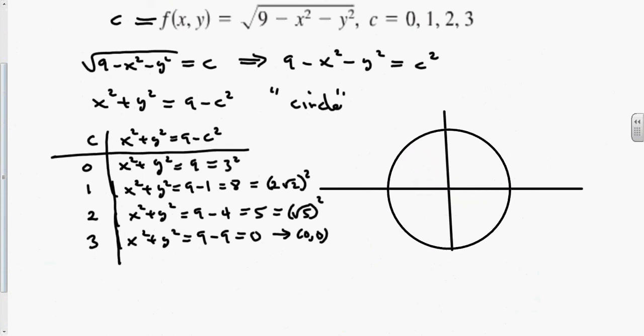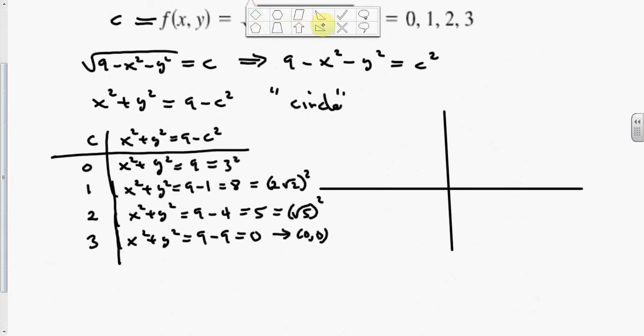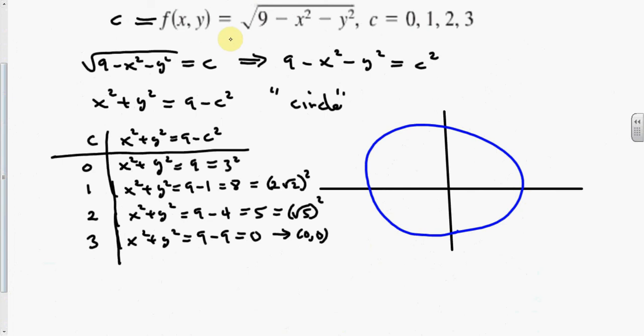That's not a circle. I don't have any circles there. Yeah. Just use the good old-fashioned hand rule.